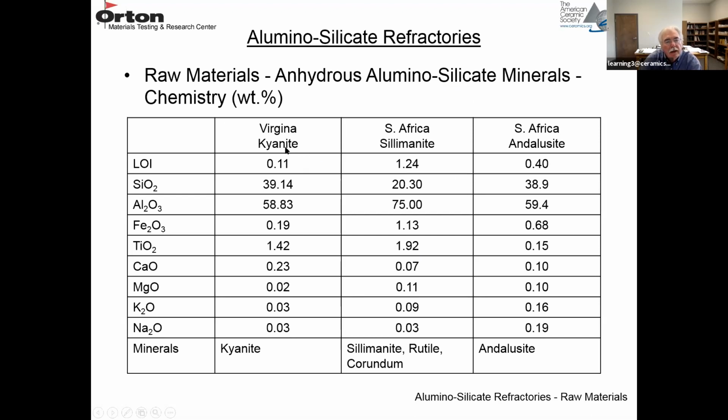So here's a kyanite from Virginia, a sillimanite from South Africa, and another andalusite from South Africa. They're not hydrated minerals like the clay, so there's very little loss on ignition. Perhaps an impurity or an organic material is being driven off.